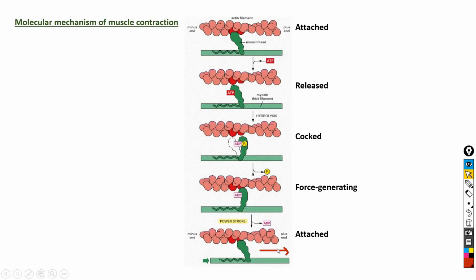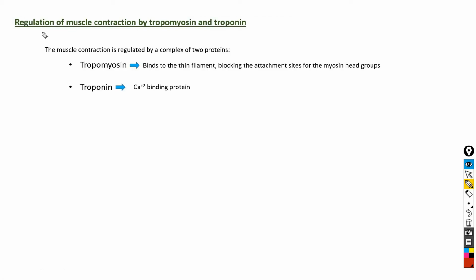The thick filaments thus actively slide forward past the adjacent thin filaments, and this process is coordinated among many sarcomeres in a muscle fiber, which brings about muscle contraction. Now coming to the regulation of muscle contraction.